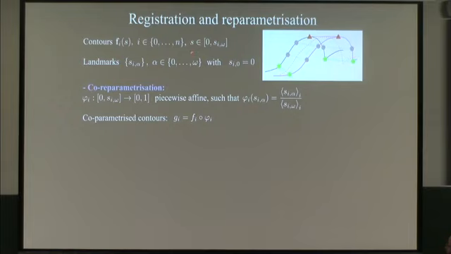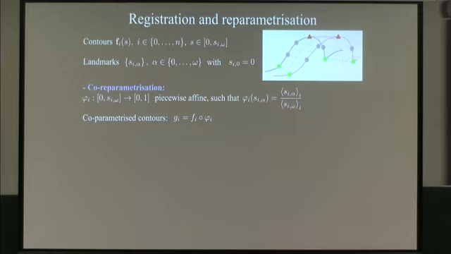So we have a number of contours. The position, the vector, is a function of the curvilinear coordinate, which varies between 0 and the maximal curvilinear length of the contour. And on each contour we have landmarks. So the i corresponds to the contour index, and alpha to the landmark.